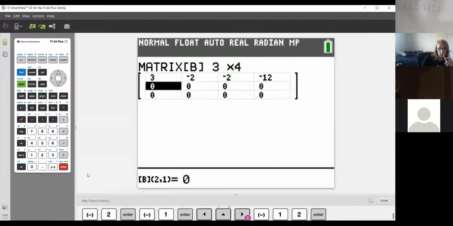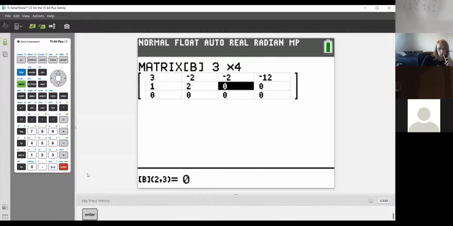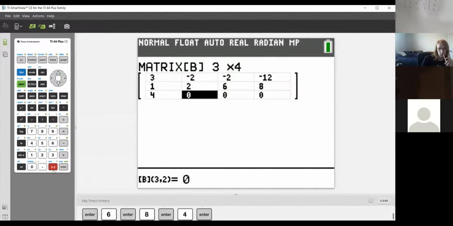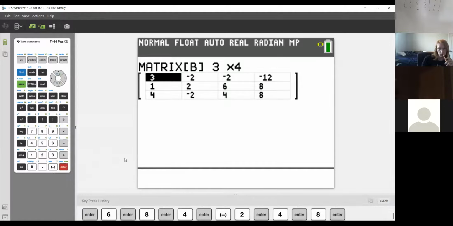Make sure you hit all the buttons you want to hit before you hit enter. 1, 2, and 6, and 8, 4, negative 2, 4, and 8. So I believe I typed this in correctly: 1, 2, 6, 8, 8.